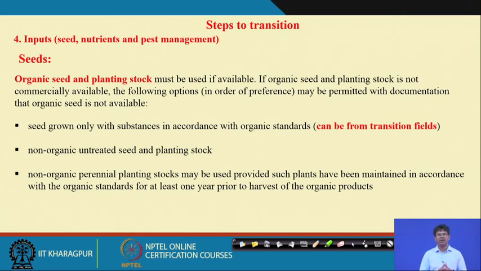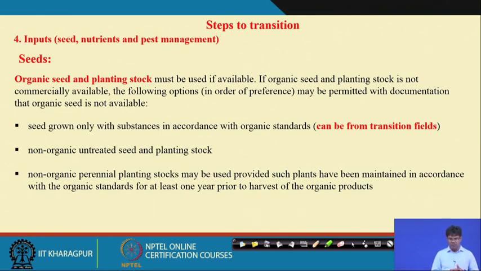Then the inputs, what type of inputs you need, especially the seeds. Organic seeds or planting stock must be available. If organic seeds or planting stock are not commercially available, the following points may be permitted with documentation that organic seed is not available.